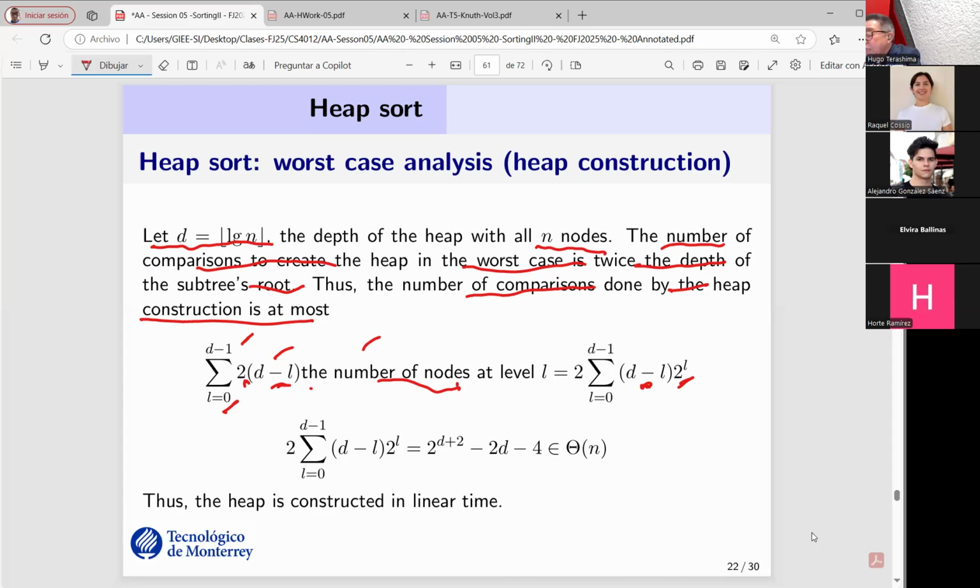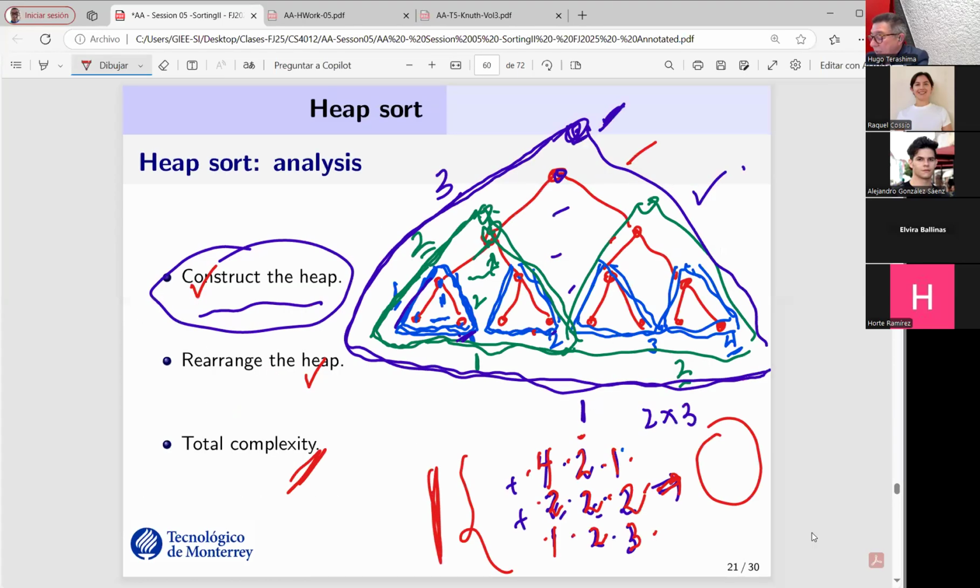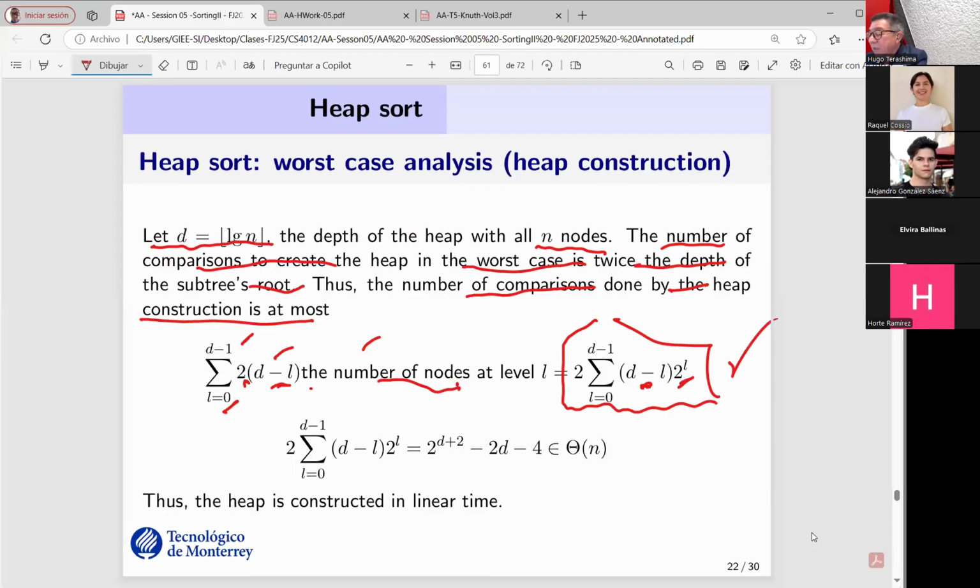So this is the general expression. The number of nodes is increasing in powers of 2, right? While the height is decreasing, right? And you go from 0 to d minus 1, right?